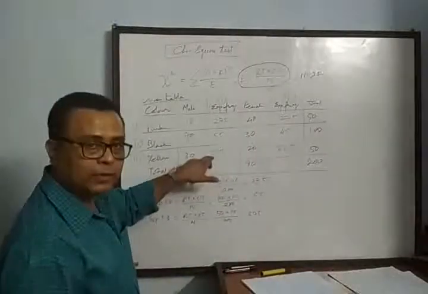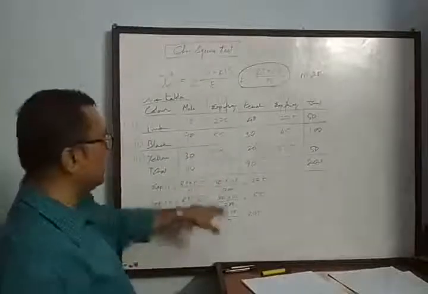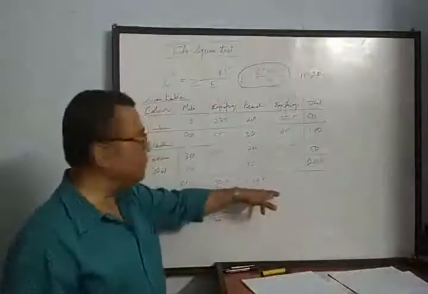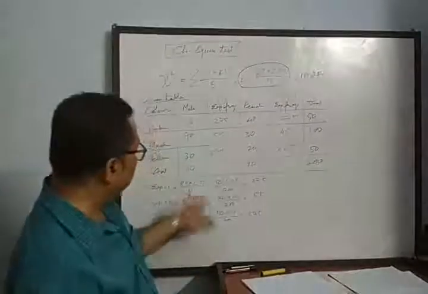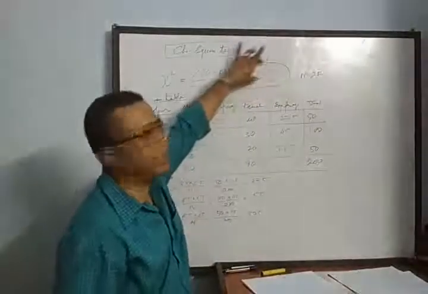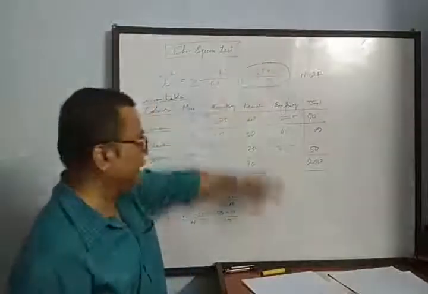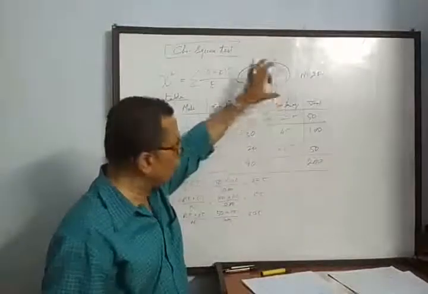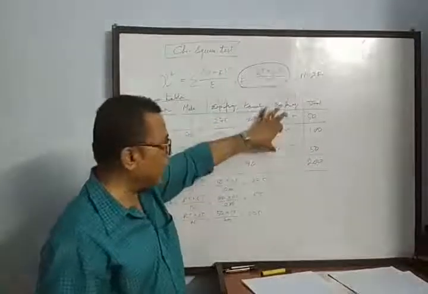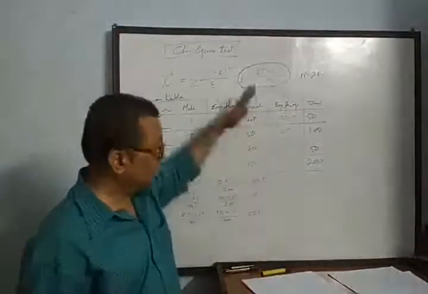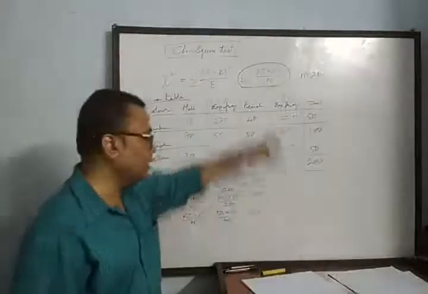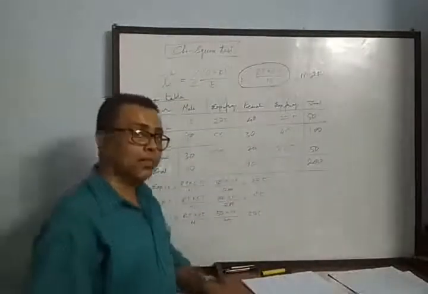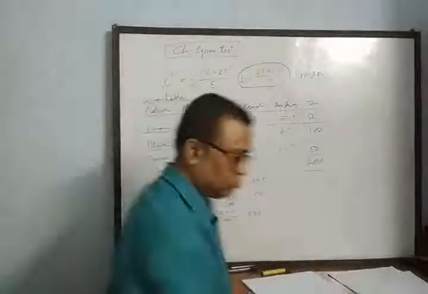Next we will write 27.5 and similarly we will calculate for the female column the expected frequency by applying this formula, row total into column total divided by n. You will get 22.5, 45 and 22.5. This calculation you must do in your rough file and verify whether you are getting all these answers correctly or not.